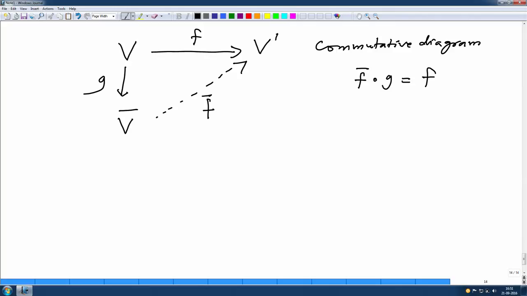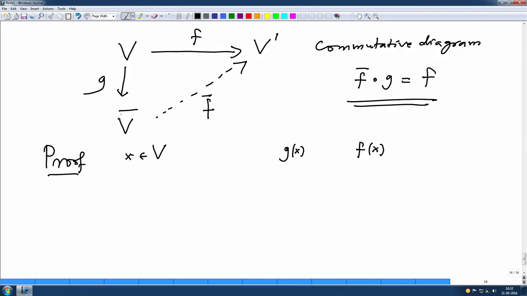Okay. After we prove the existence of F bar, we will see. Actually, this condition will prompt you what to define F bar. So, I want to define F bar, and this should satisfy the condition. So, that means for every x, proof: for every x in V, I have given this Fx. This is an element in V prime, and also I have given Gx, that is an element here.